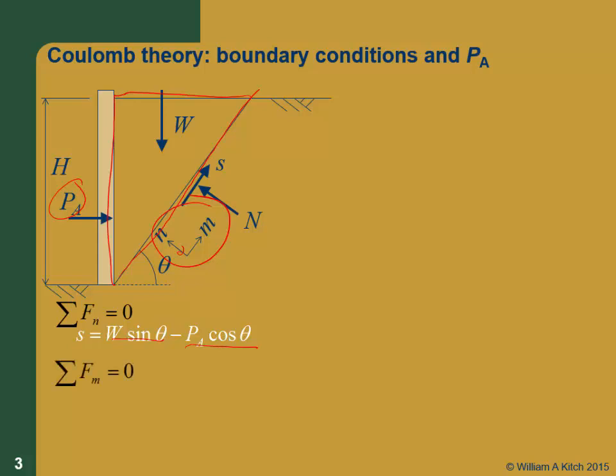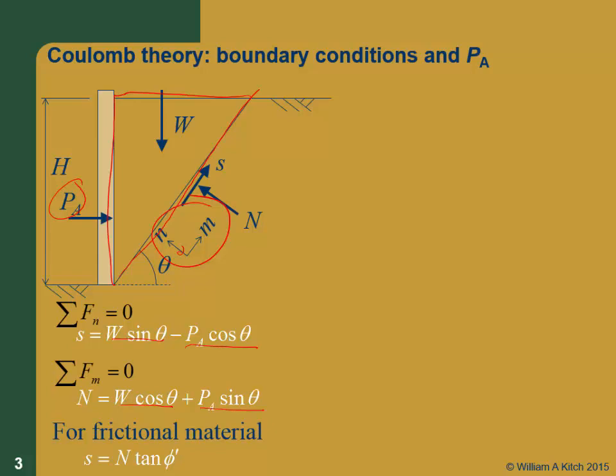And in the m direction, summation of forces equal to 0 is going to give us N, the normal force. It's going to be W times cosine theta plus the total active earth force times sine theta.